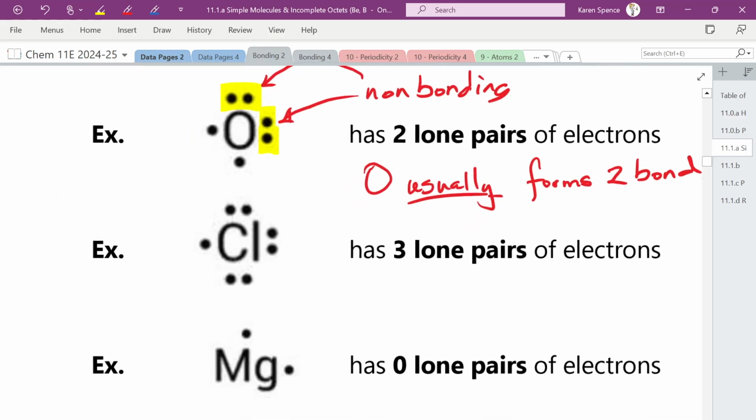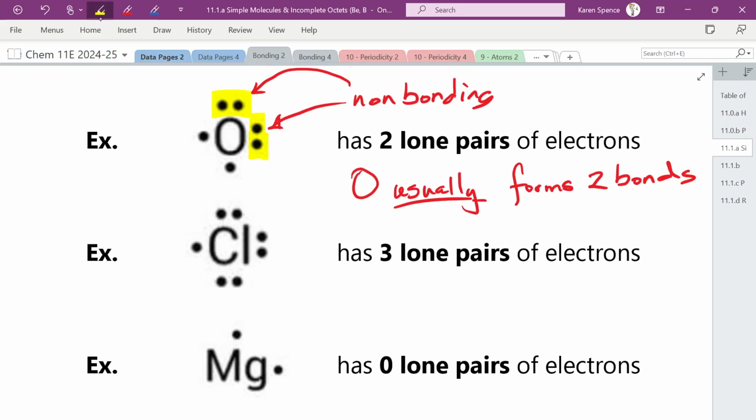Chlorine. Normally, it's got 3 lone pairs when it's on its own. And so normally, how many bonds? 1 bond, usually just 1 bond. And that's for covalent.